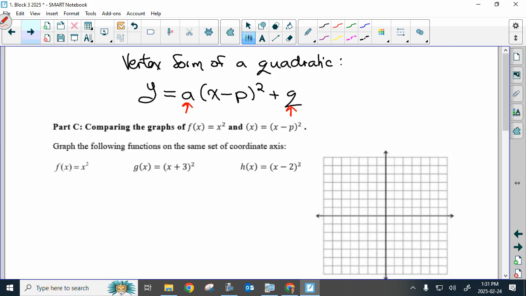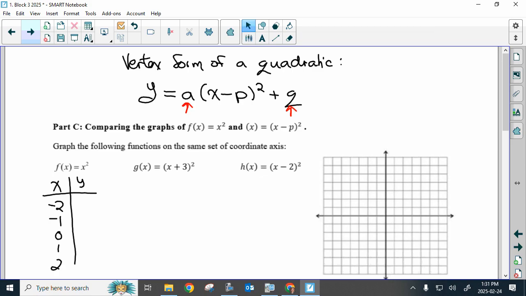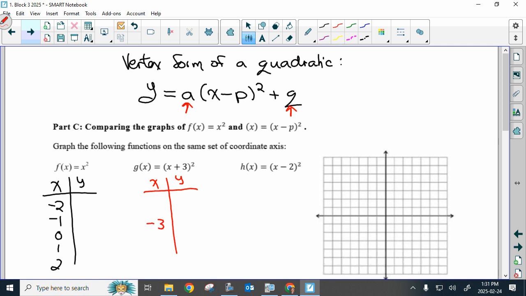So what I want you guys to do is you've got f of x, you've got g of x, and you've got h of x. This time you're going to have to adjust your table of values slightly. And I'm going to give you guys the x values and y values that I want. So this one is standard. I want you to choose these x values.